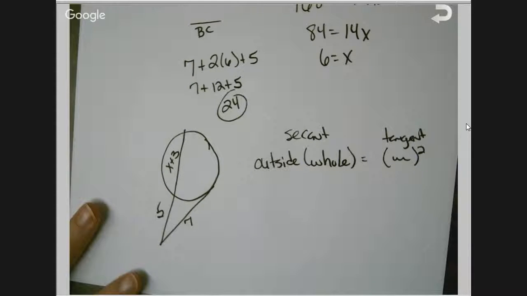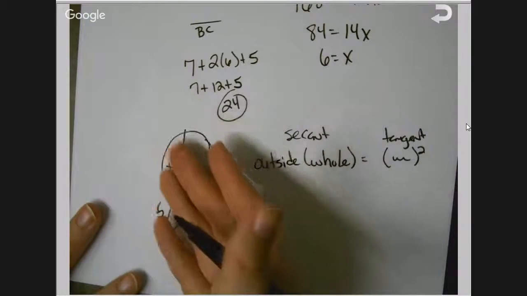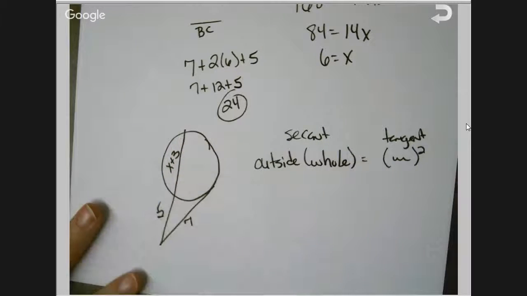Okay, so you can put an X, it's just a squiggle. Just a squiggle. I hesitate to put X because you have an X right there. I don't want you confused.